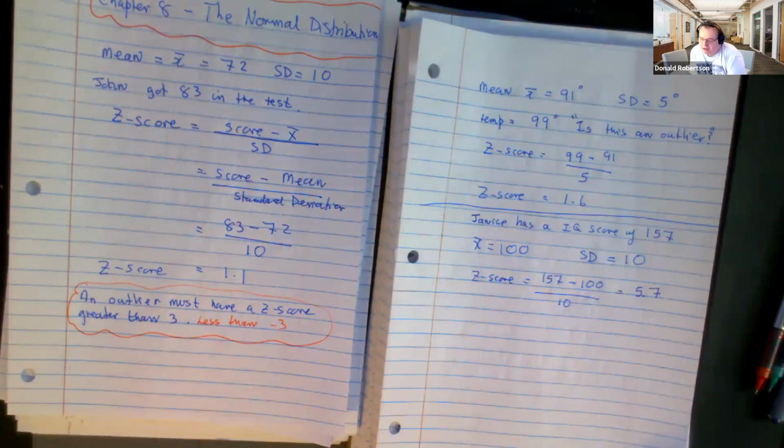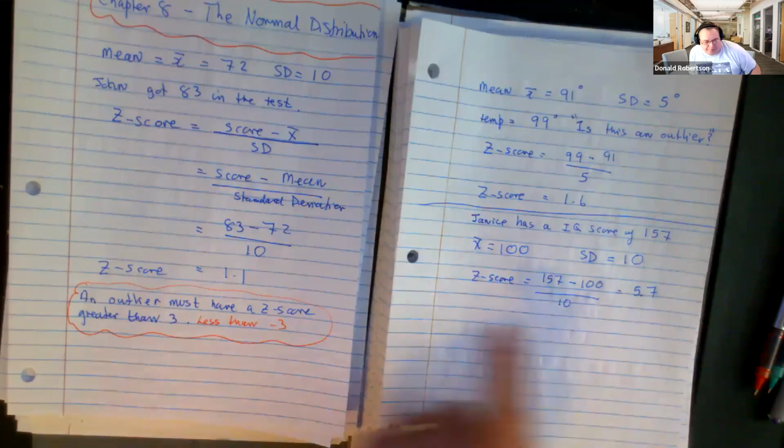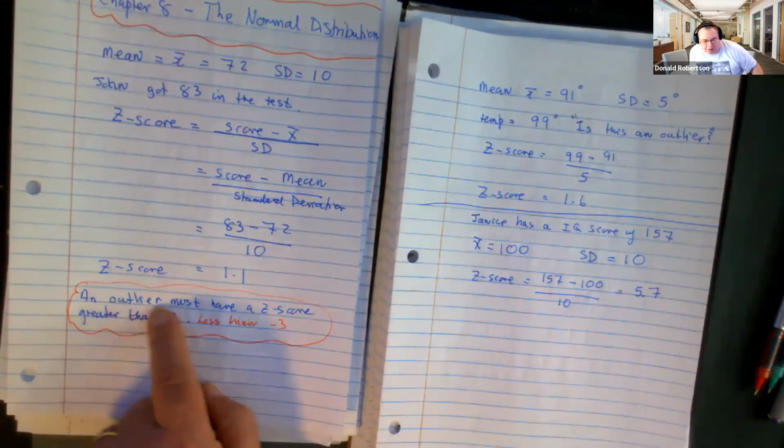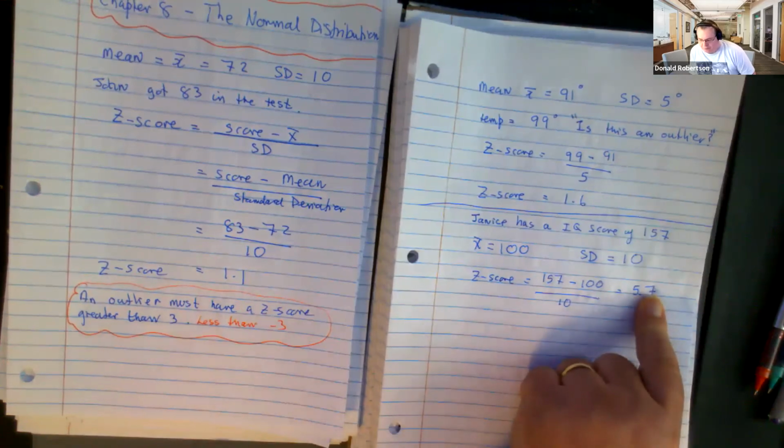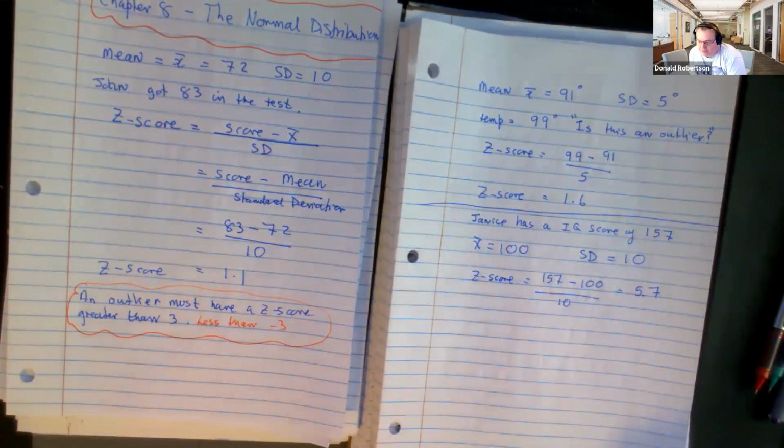Is she an outlier? Yeah. An outlier must have a score greater than 3. 5.7 is definitely greater than 3. In fact, if you wanted to know, and we'll be doing questions like this, how rare is getting an IQ of 157?